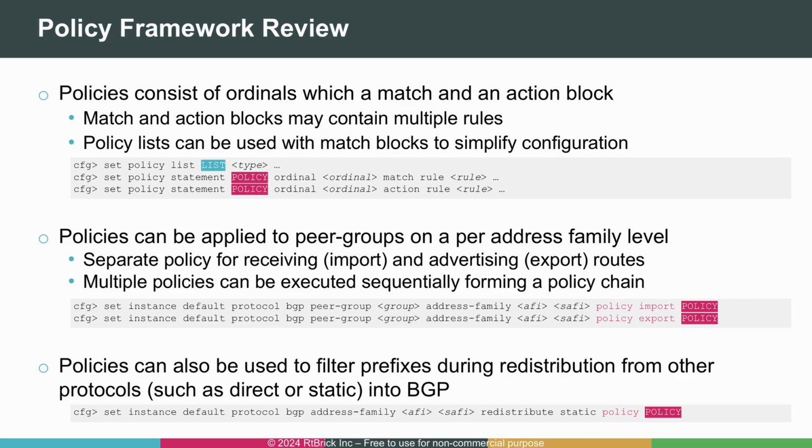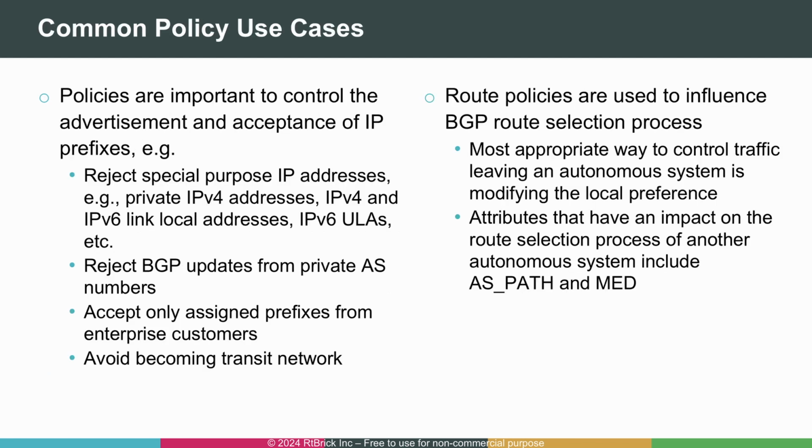This modular approach allows you to reuse common parts of your policies. Policies can also control the redistribution of routes from other routing sources, like static or direct routes, into BGP. Before we dive into some examples, let's quickly summarize the most common ways policies are used in BGP.